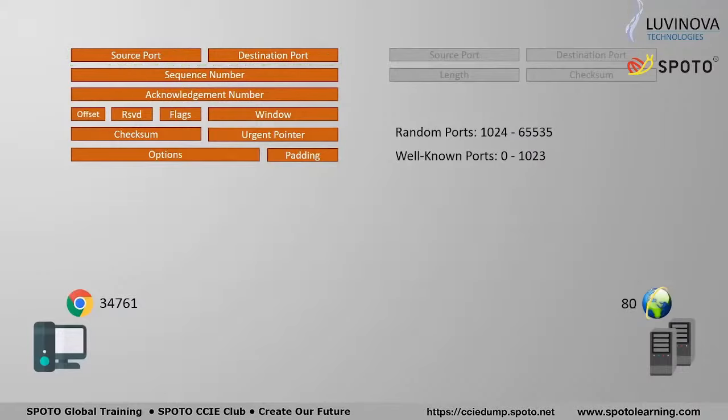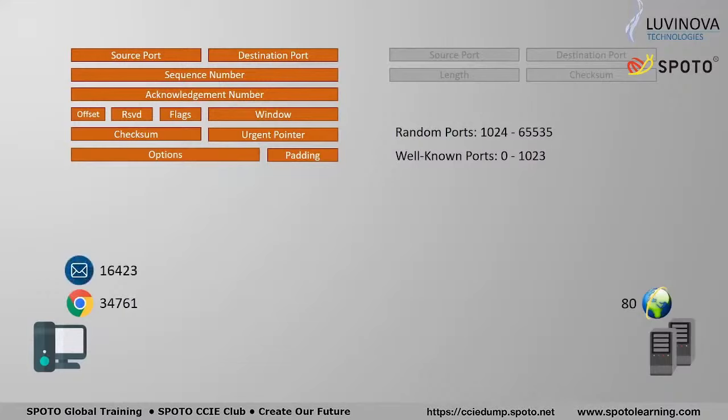Using different ports gives us a really useful feature called multiplexing. Multiplexing is a way for one host to have several applications accessing the network at once. They all share the one network card, the one network stack, the one IP address, but they each use different ports. Think of our client over here on the left. It already has a web browser open with a connection to a web server.